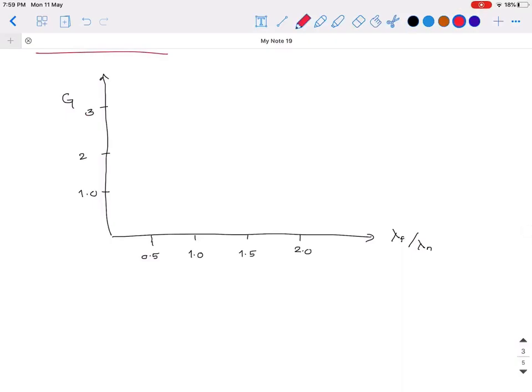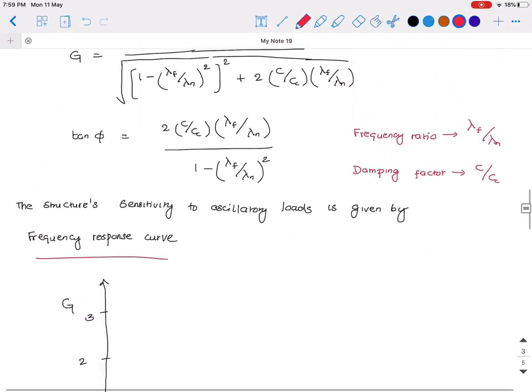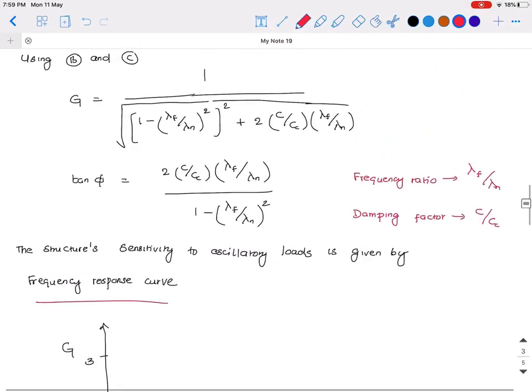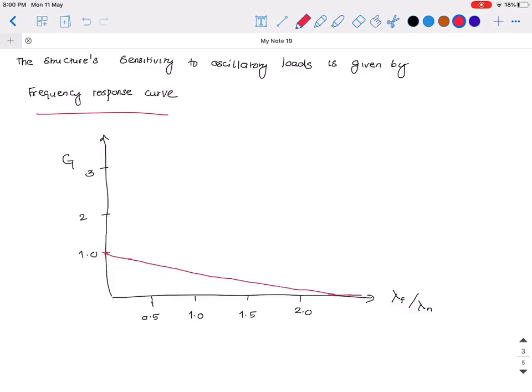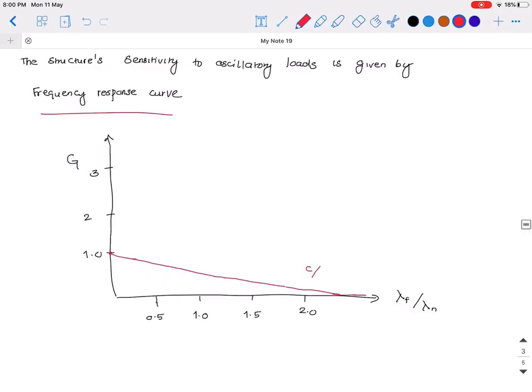Okay, so when lambda f by lambda n is 0, you will see that G will always be 1. Okay, and then the curve goes like this. This is going to be C by Cc is 1.